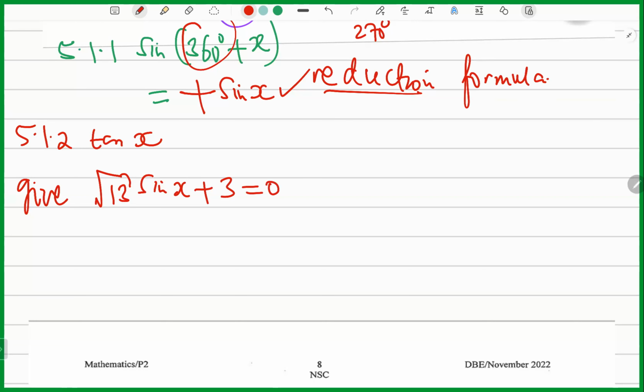All right, so this is what we get. And as a consequence, what does this mean? It means that we can move horizontally across the page and write the sine of x. We transpose the 3, and if we do that, it becomes negative 3. We then divide by the square root of 13. And this is what we get.